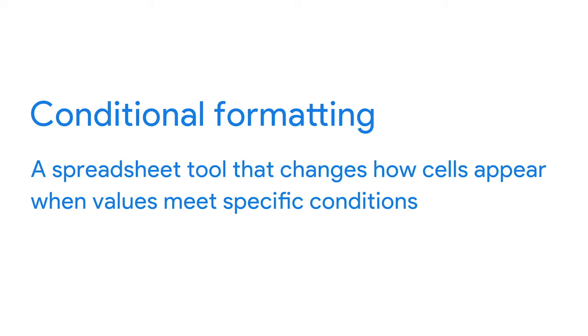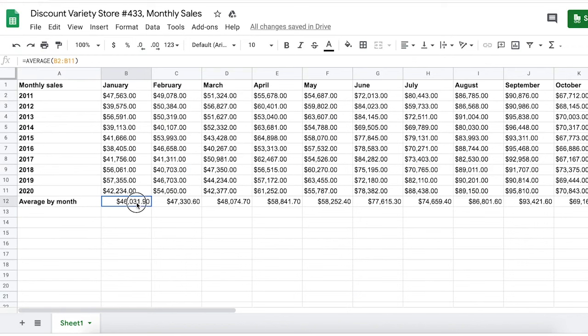Since our stakeholders will want to understand our findings quickly and easily, we'll add a little visualization to the data with conditional formatting. Conditional formatting is a spreadsheet tool that changes how cells appear when values meet specific conditions. So let's apply conditional formatting to the cells with the average sales by month.